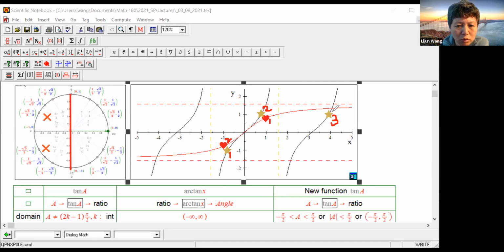Part number 2, the first number is ratio, the second number is angle. That's a good take because you did get the input should be ratio, the output is angle, but the second angle is wrong. Okay, the angle for number 2, that's right. Okay, Andy got it right. Yes.